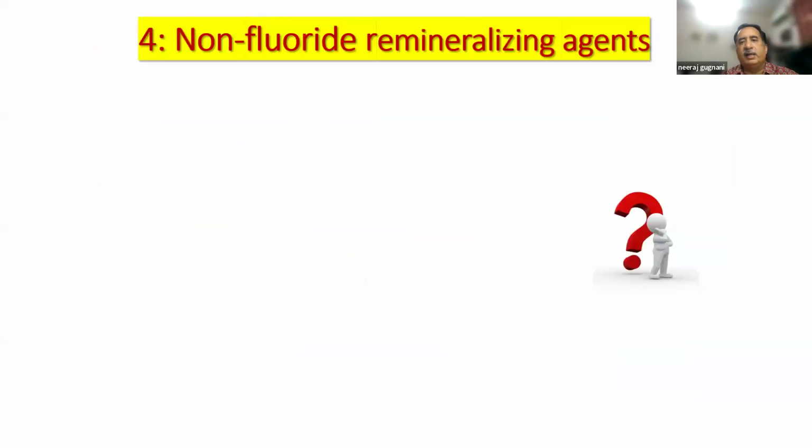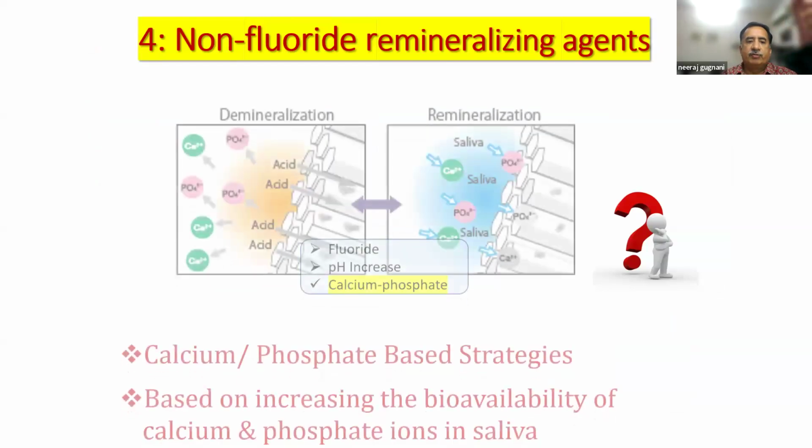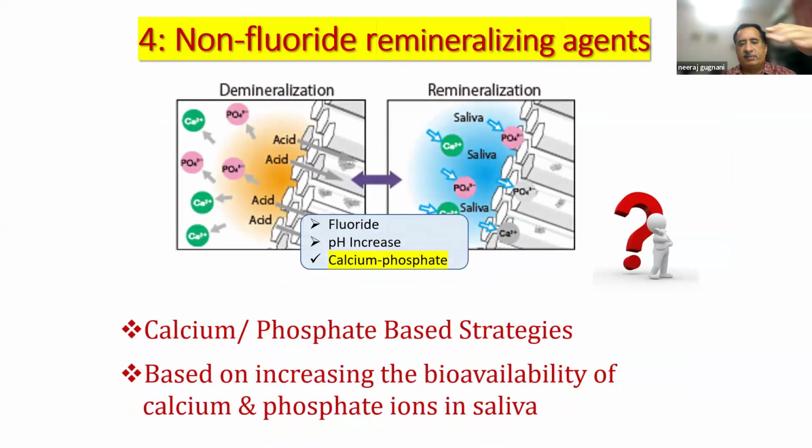Next is the non-fluoride remin agent. So we are talking of non-invasive methods. In the non-invasive, first was the brushing, second was the diet, third was the fluoride, and fourth is the NAFTAs. So we know that these are the calcium and phosphate based strategies. For any remineralization to occur, no doubt in the presence of fluoride, that reaction is very fast, but only and only the remin will occur if the saliva is supersaturated with calcium and phosphate.